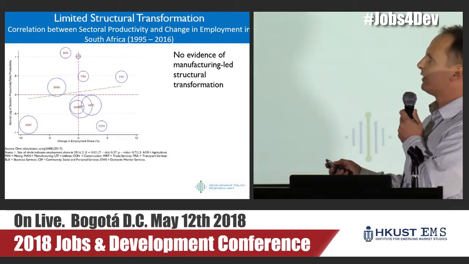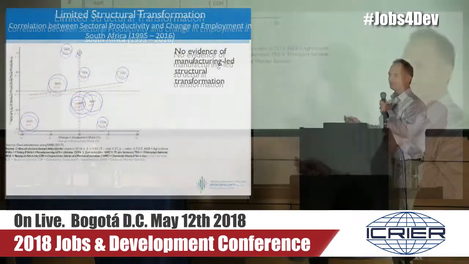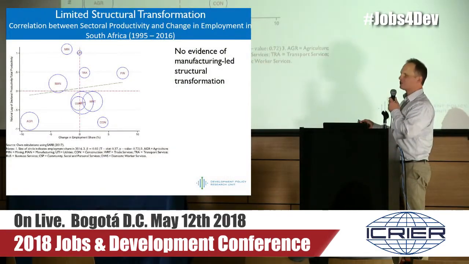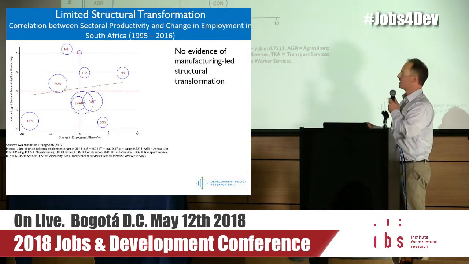Not the counterfactual, but the East Asian structural transformation pattern would involve the following. I don't have the graph, and I apologize for that, but you can imagine it. If you look at the typical East Asian story, you have a large bubble here for agriculture, similar to South Africa, but a much bigger bubble.